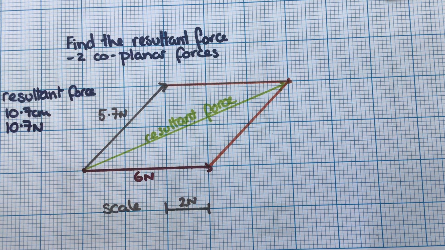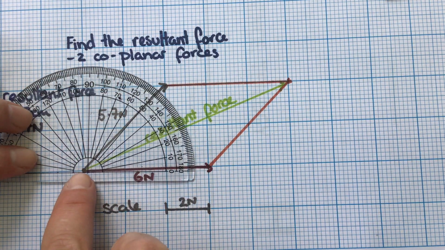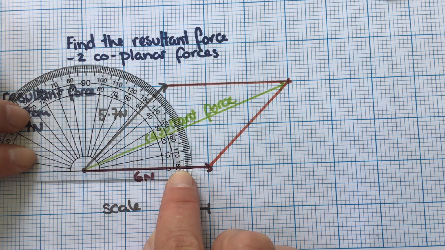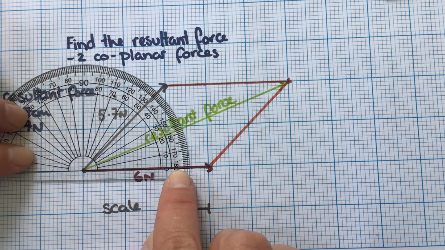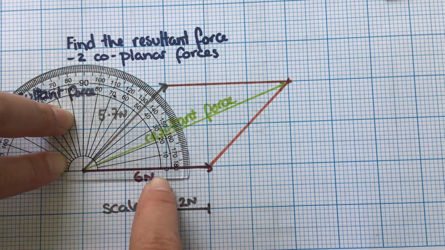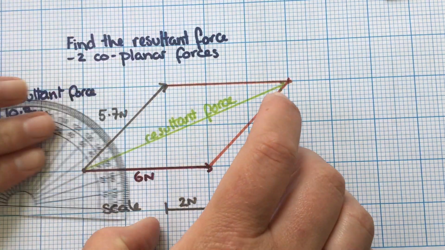That's not going to get me all the marks yet because vectors have got magnitude and direction. So I need to get my protractor again, line up this cross, the start point there, and line this line up here with this base vector. And then I measure the size of this angle here: 22 degrees.